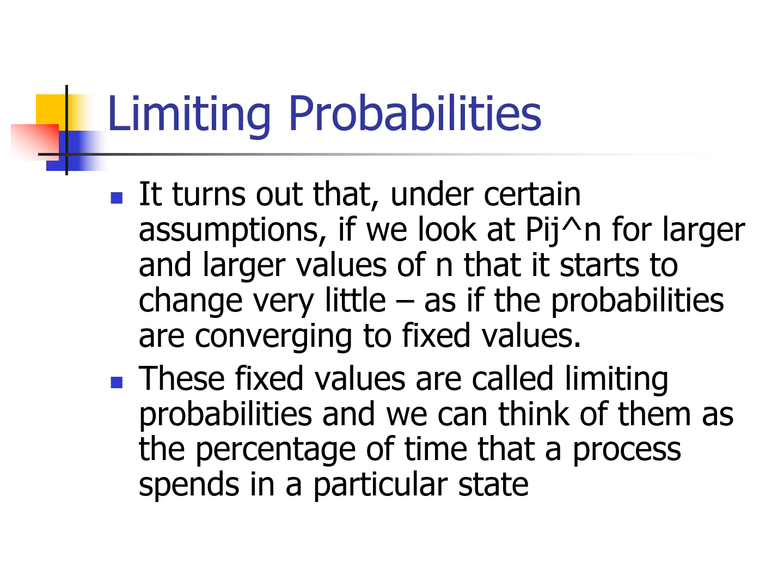We look at 10 time periods in the future, 20 time periods in the future, 30, it actually starts to change very little, as if the probabilities are converging to some numbers. These numbers are called the limiting probabilities, and we could think of them as the percentage of time that a process spends in a particular state.